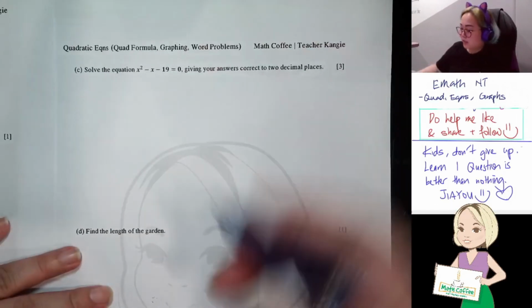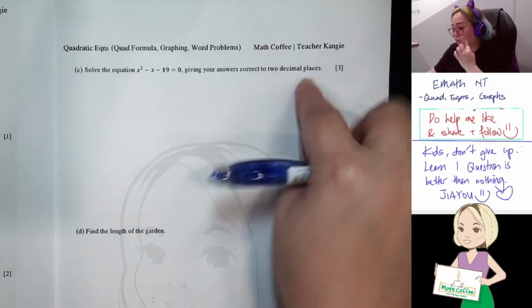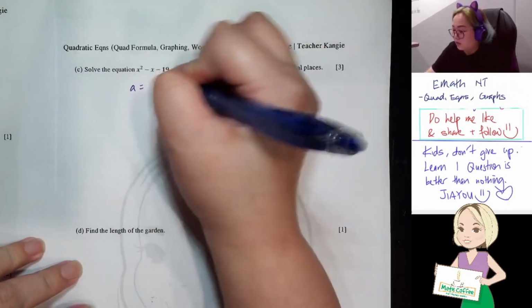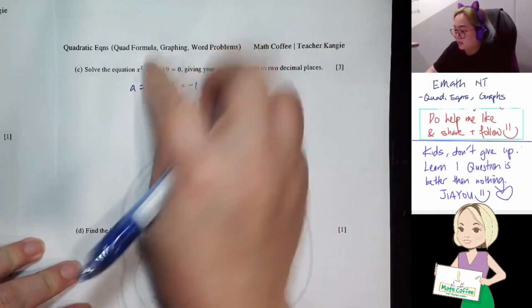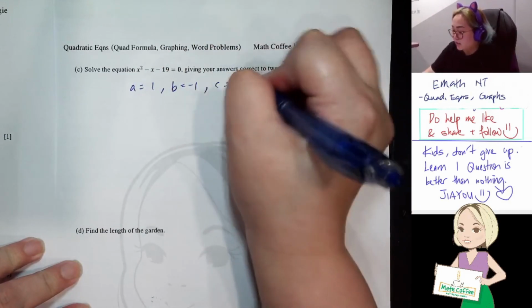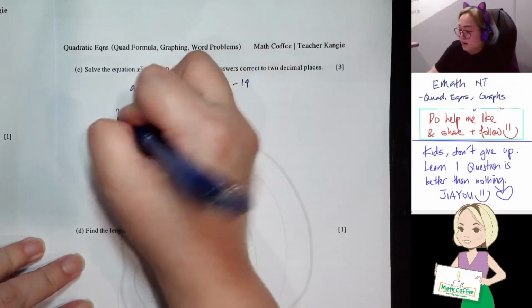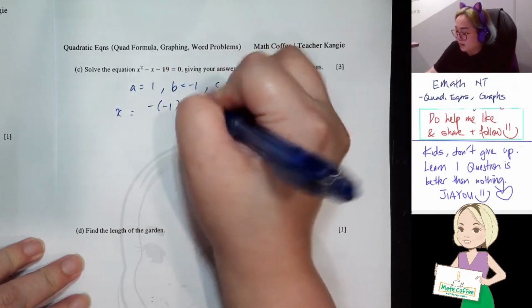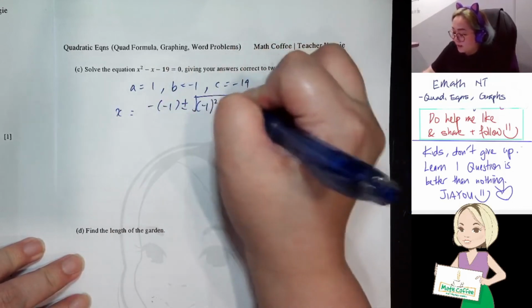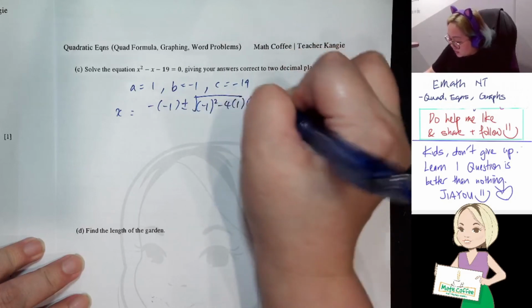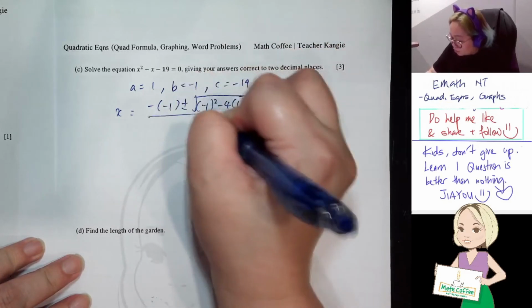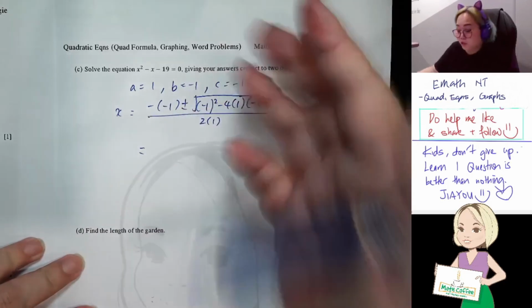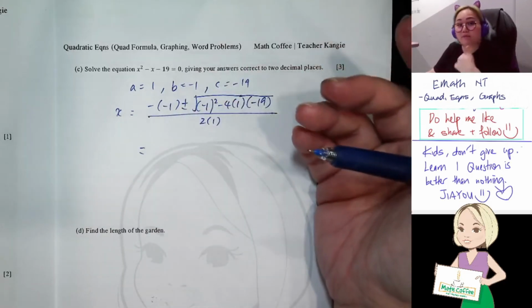Again, they ask you to solve the equation, giving the answer correct to 2 decimal places. So find out your A. Your A is 1, your B is negative 1, your C is negative 19. So apply the formula: minus B, so minus negative 1 plus minus square root of b squared minus 4ac over 2a. Press the calculator, mode 2, and find the two values.